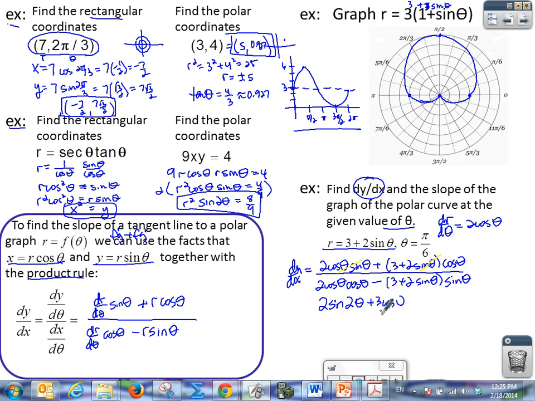Now what I have just accomplished is instead of having to sub in pi over 6 4 times in the numerator, now I only have to do it twice. Okay, now let's work on the denominator. This is 2 cosine squared, and this is minus 2 sine squared. Okay, I need you to think about that. A lot of people earlier were saying that's 1. That's not 1. What is cosine squared minus sine squared?